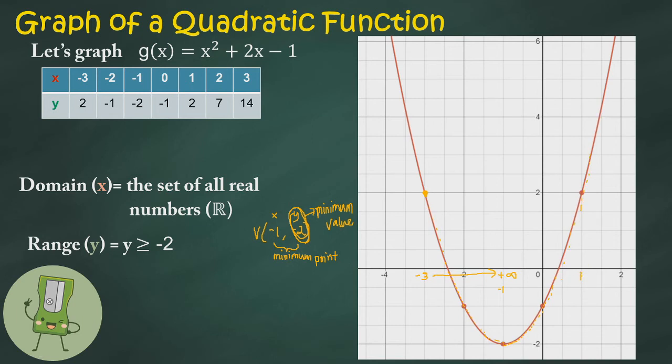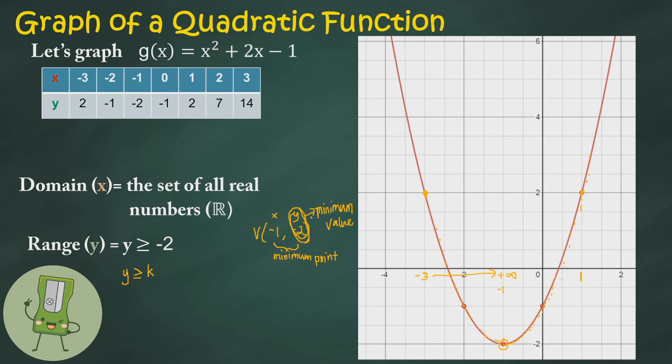So, if our x is 1, it will be 2. Pag dito naman yung x natin, so nandun siya sa taas, yung y. So, ibig sabihin, yung values ng y natin is greater than negative 2. It will not go below negative 2. Kaya, in general, y is greater than or equal to k.